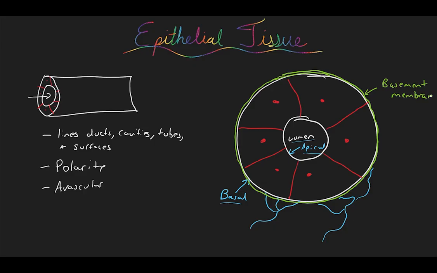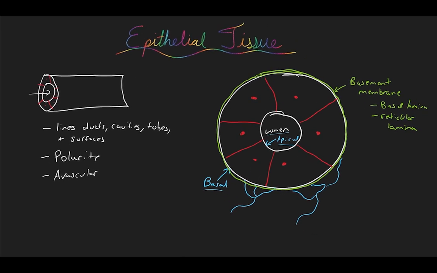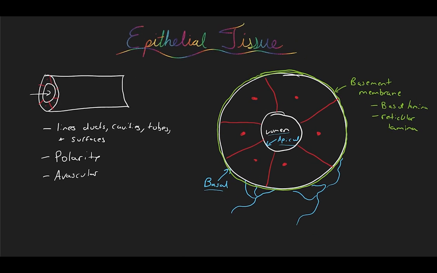The basement membrane is a combination of something known as the basal lamina and the reticular lamina.